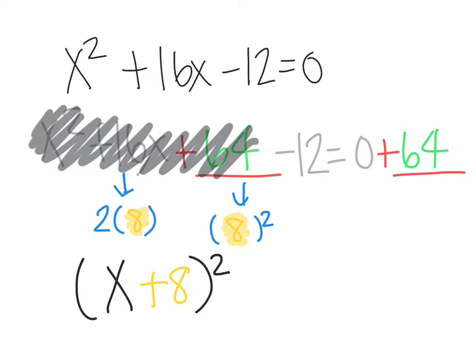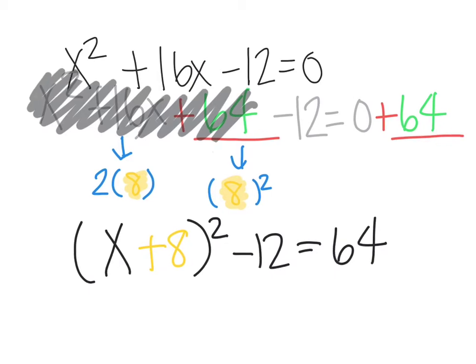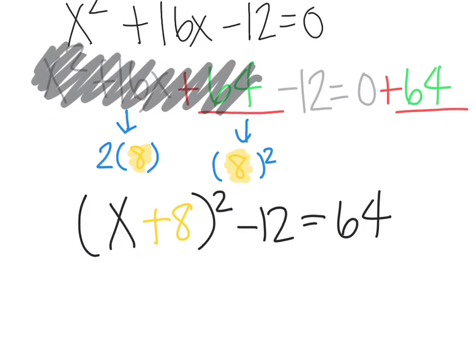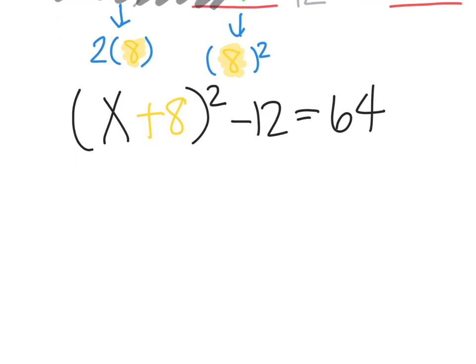Then I still have this minus 12 that I'm going to bring down. And on the right side, I had 0 plus 64, which is 64. I'm going to make this problem a little bit simpler because I can.